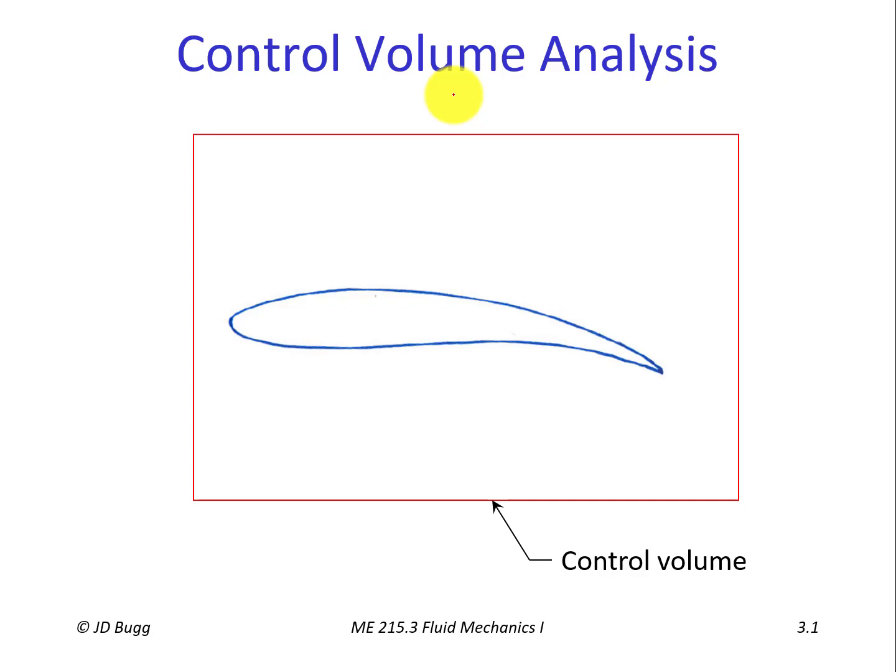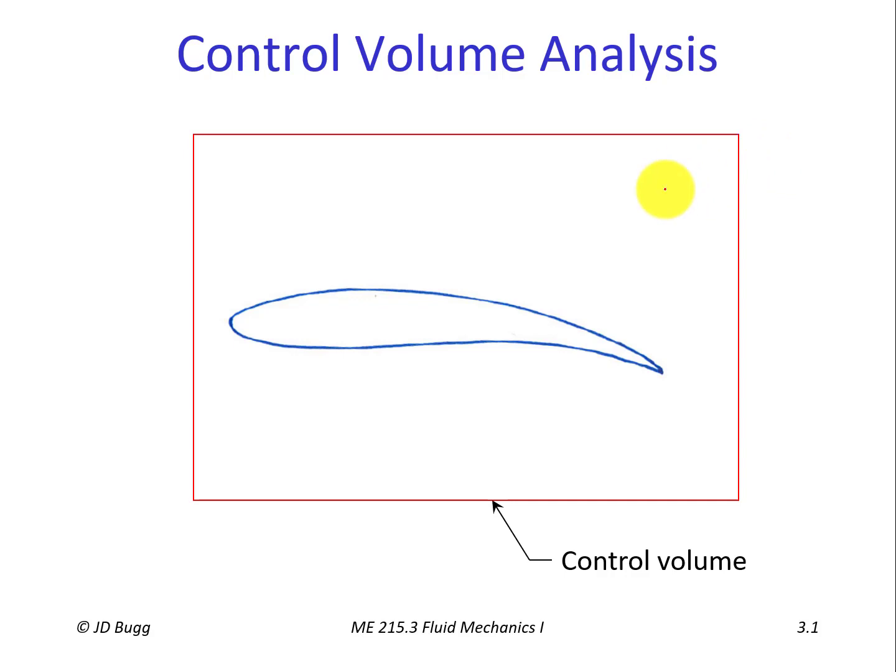Now, in a control volume analysis, we don't go inside and look at the details of what's happening in the control volume. Instead, we're interested in what's happening on the boundary of the control volume. Now, this particular control volume is just a box. It's a little bit oversimplified, and we'll look at a more sophisticated version of this in an example later on.